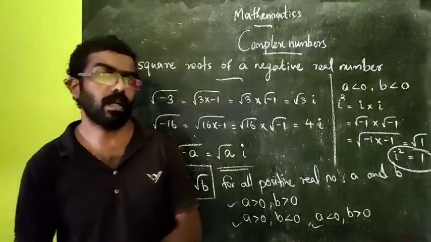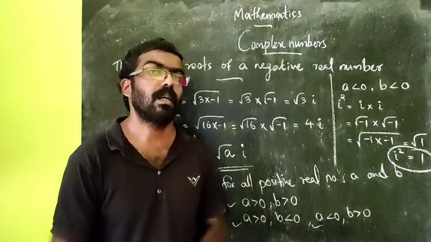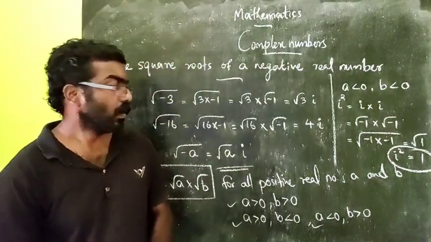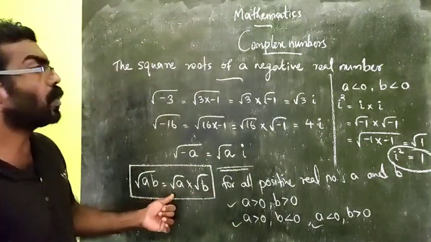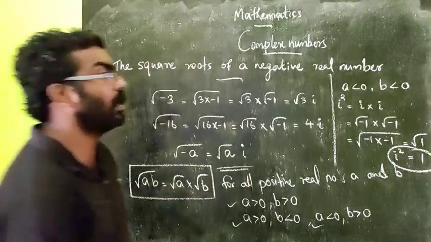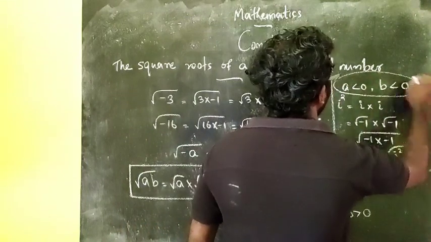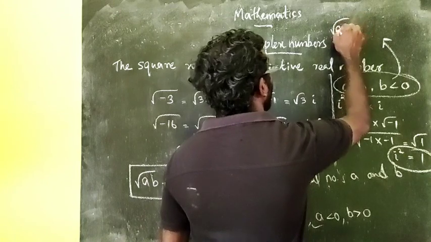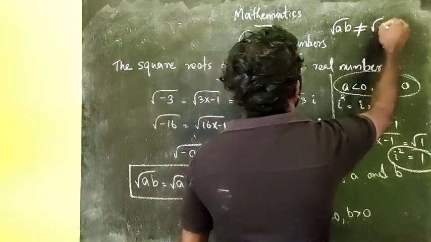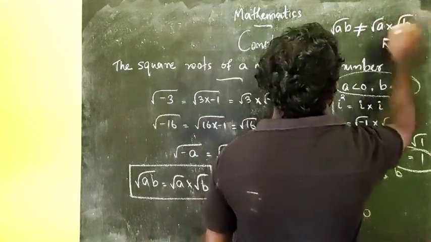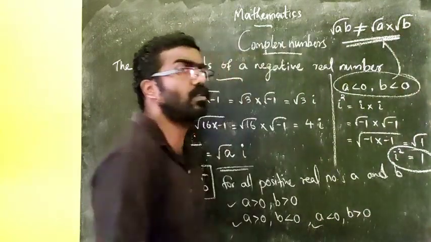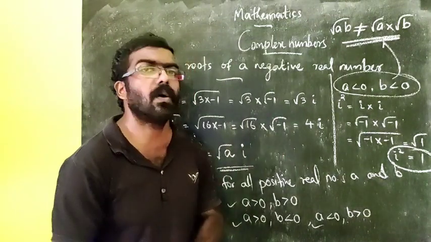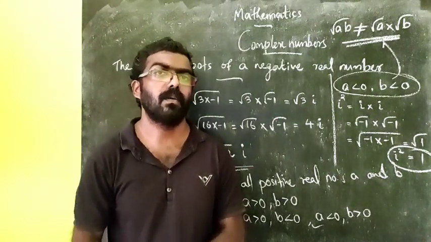This is a contradiction, since i square is equal to minus 1. Therefore what can we conclude? Root ab is not equal to root a into root b for all a less than 0 and b less than 0. The result is not true when both a and b are negative. Okay.